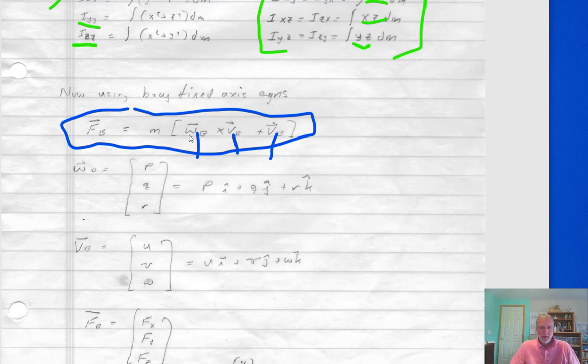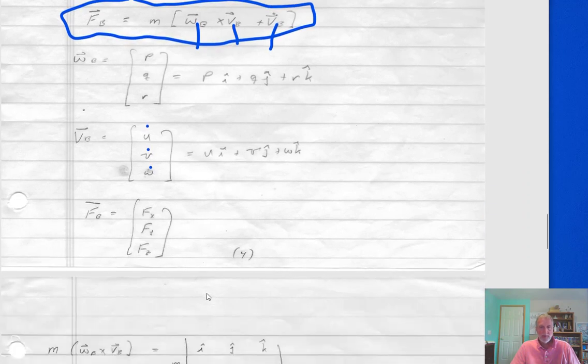So we need to take omega cross VB, and then we need to take VB dot, which is just going to be U dot, V dot, and W dot. And the forces we're going to say right now, still need to figure these out, but Fx is in the X, Fy and Fz are in the Y and Z. Eventually we'll have to relate lift and drag to Fz and Fx, and side force to Fy.